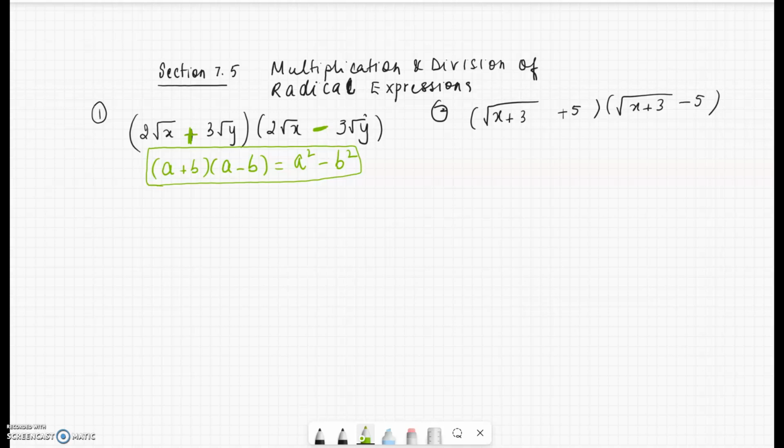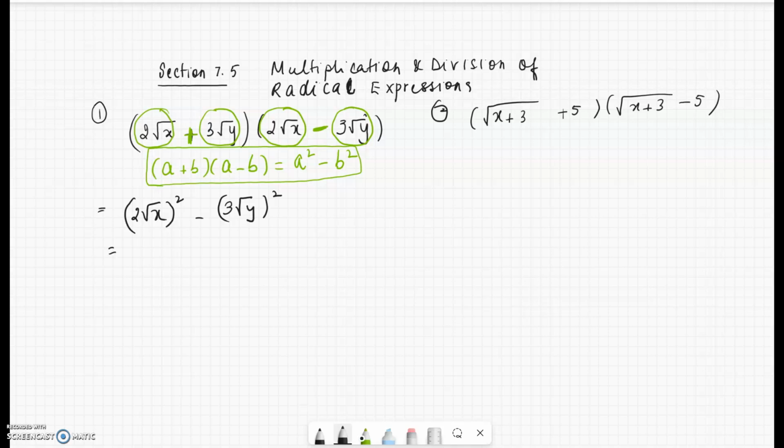So if you have this situation, a plus b times a minus b, then all you have to do is square the first minus square the second. So 2 radical x the whole squared, 3 radical y the whole squared.